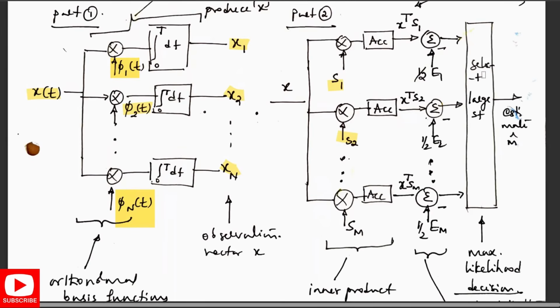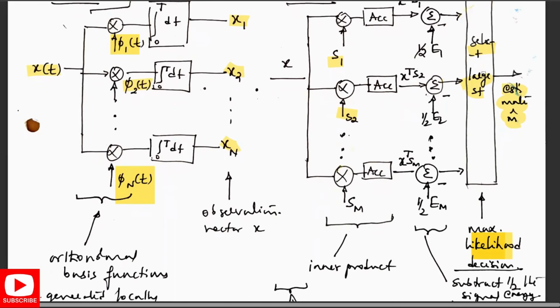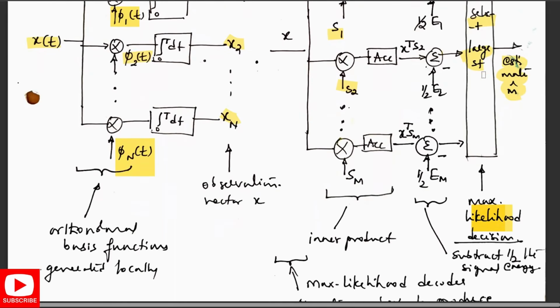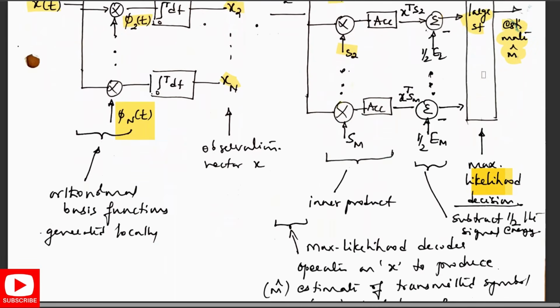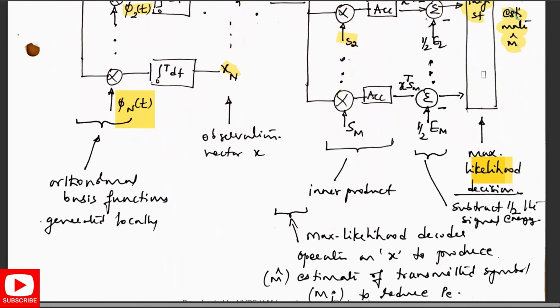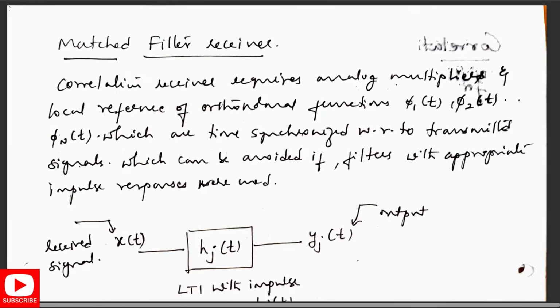Finally, in the selector part, it takes the decision, the maximum likelihood decision takes place here, and we get the estimated m cap. Here minus half is given as it subtracts half the signal energy. So hence we get the output. So this was about the correlator.